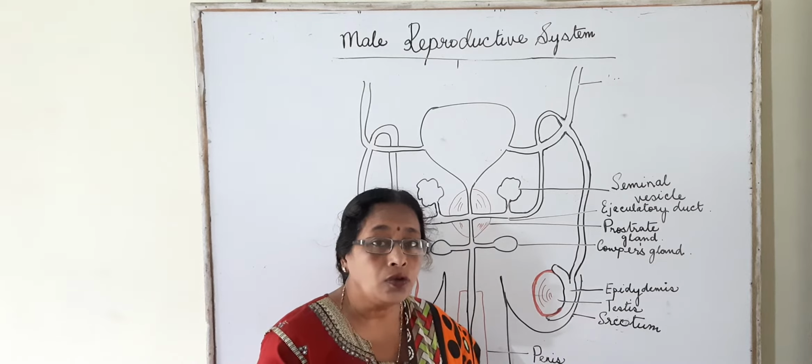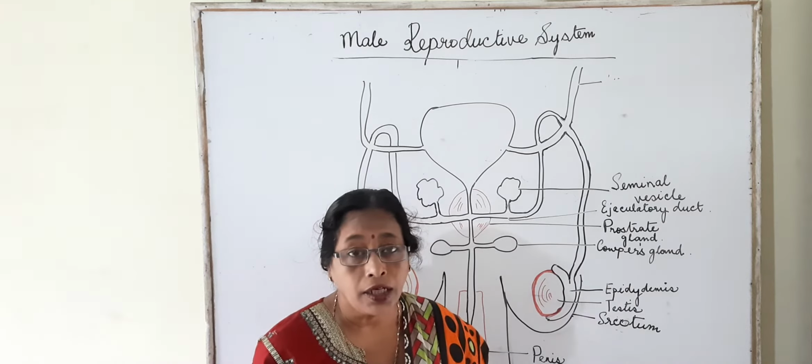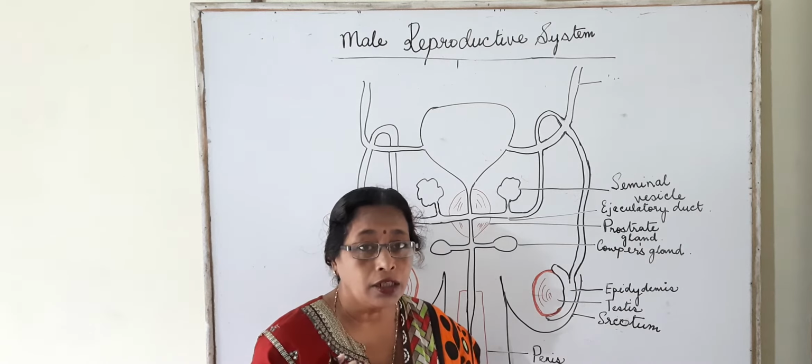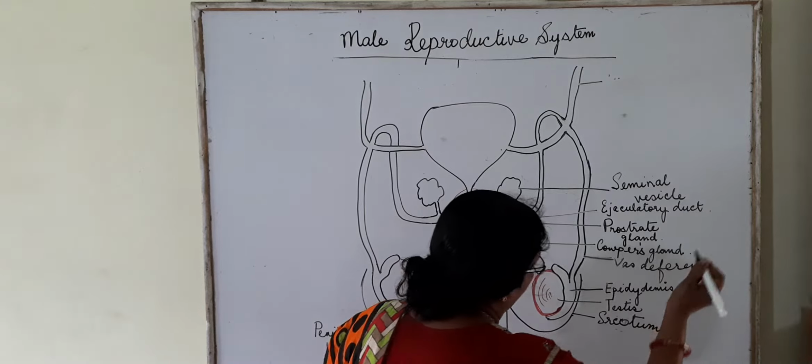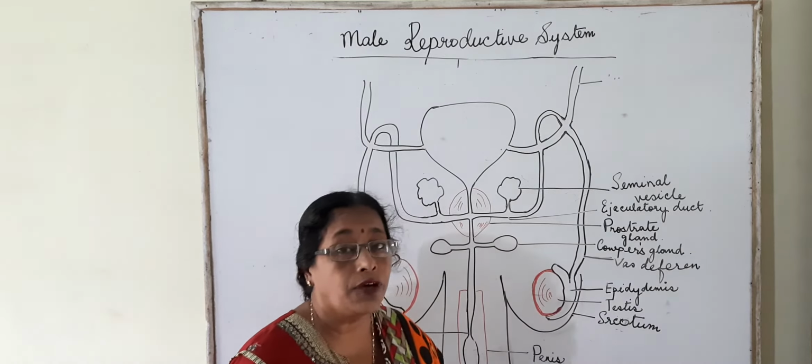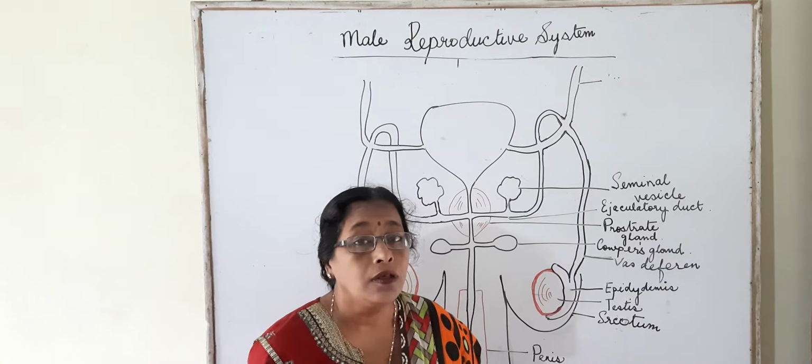When the spermatozoa enter the epididymis, they are immotile. But when they leave the epididymis and enter the vas deferens, they become motile.